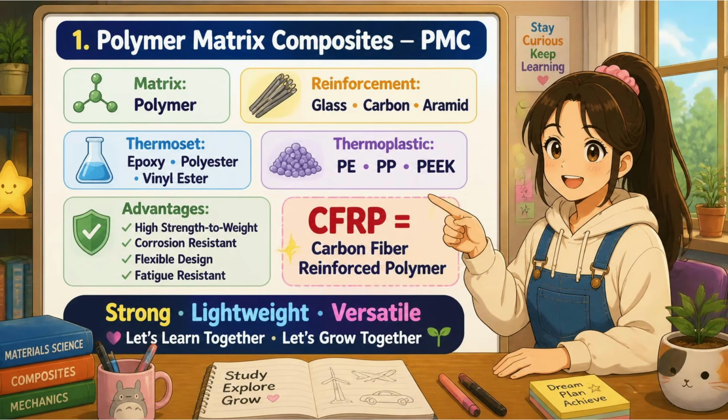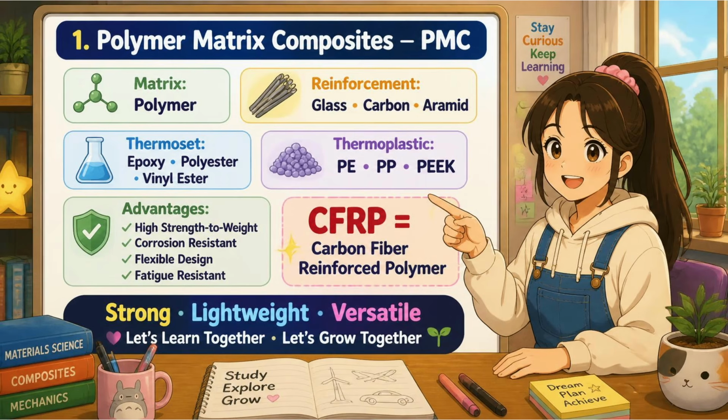They are used in aircraft, automobiles, wind turbine blades, boats, sports equipment, pressure vessels, and construction components. The two common examples are CFRP and GFRP. Carbon fiber reinforced polymer can be taken as a main example for PMC.